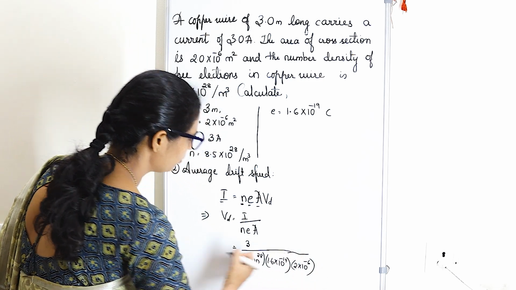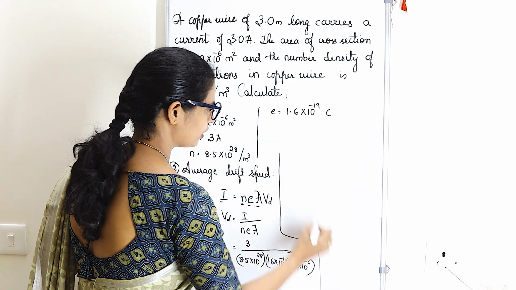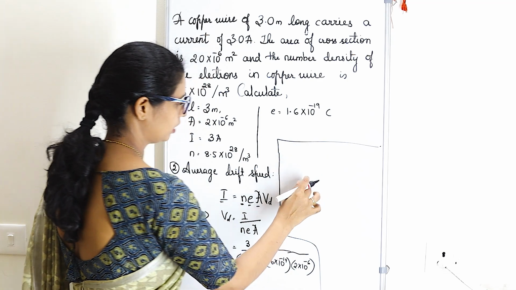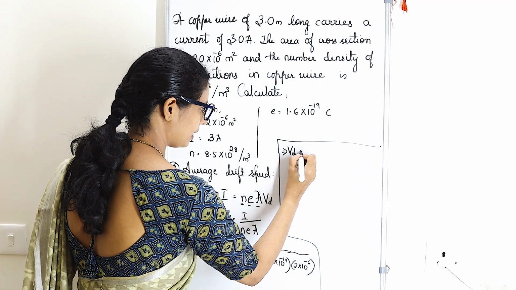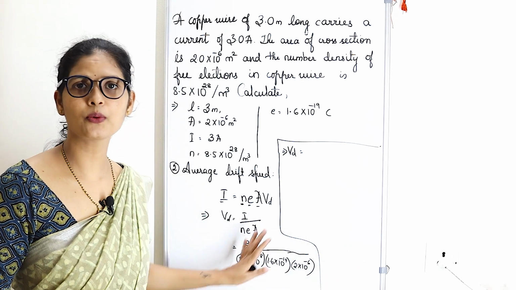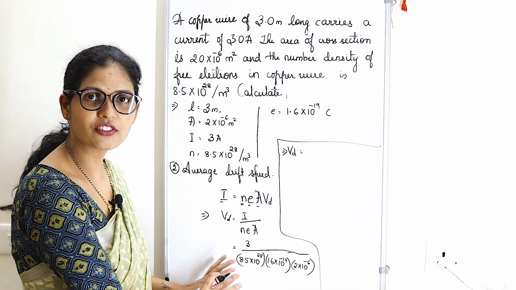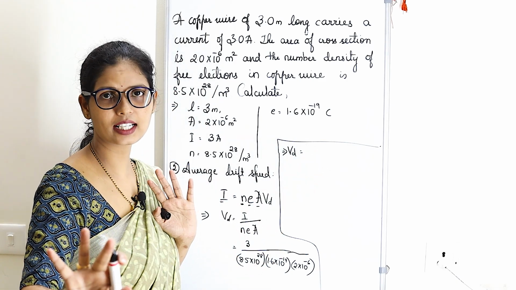So now you need to find out the value for drift velocity. Drift velocity equals to, so there are too many exponentials, too many numbers, so I'll make it easy for you to calculate. Just separate the numbers and separate the exponentials.